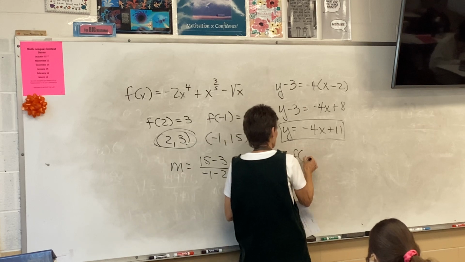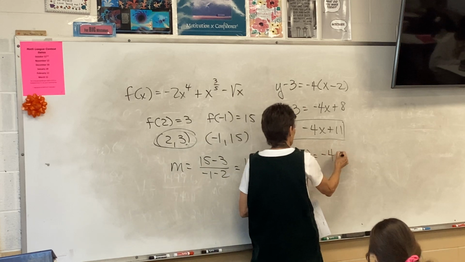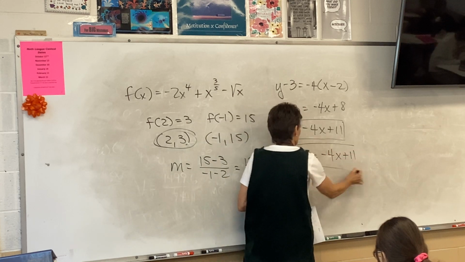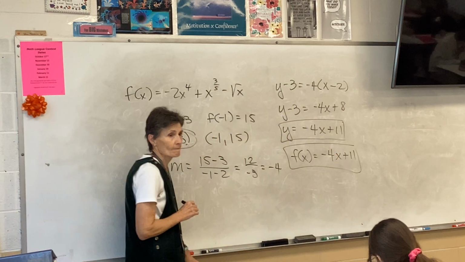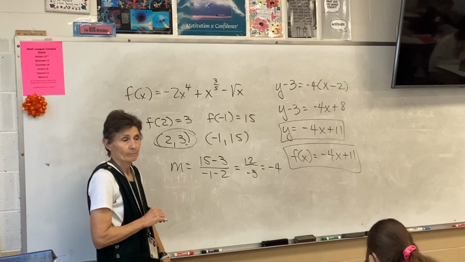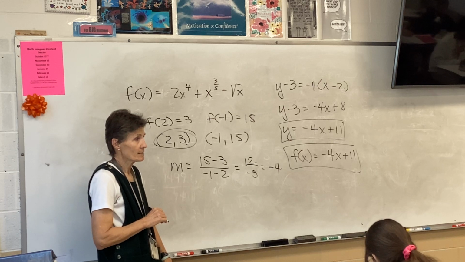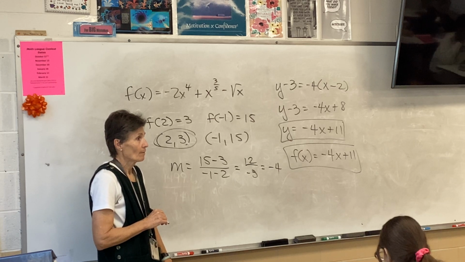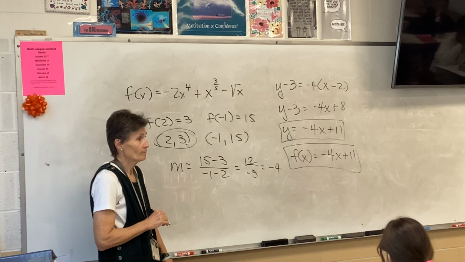It's a linear function, so I'll change that y into an f of x, and that will be my answer. Do you have to change the y back into the f of x? Linear function.